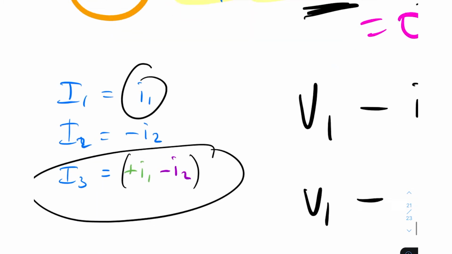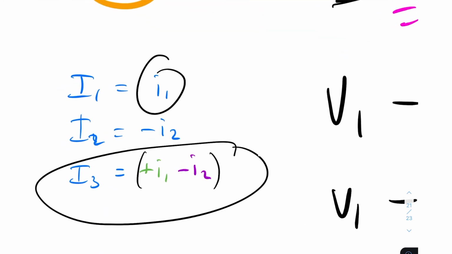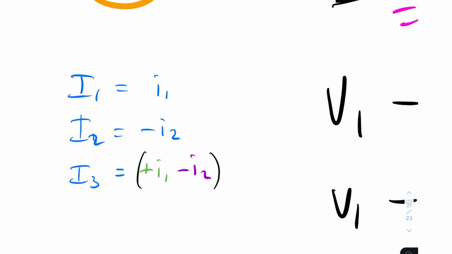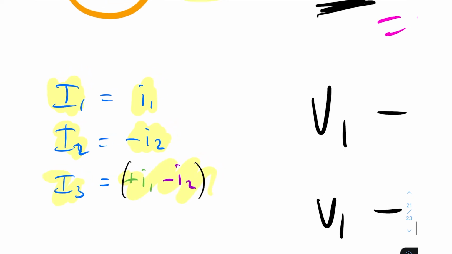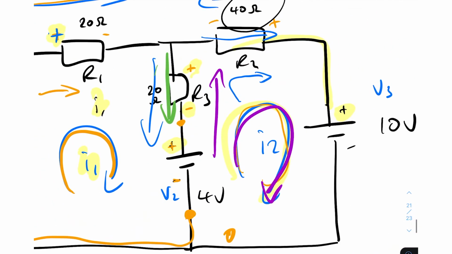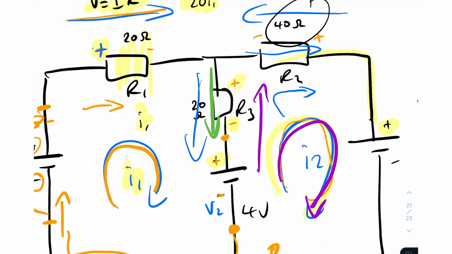So going back to here, we're going to put I1 into here, and that gives us the value of capital I1. Put minus I2 into here, and that gives us the value of capital I2. And then put I1 minus I2 into here, and that'll give us the value of I3, which tells us how much current is going through this resistor versus this resistor and this resistor here.